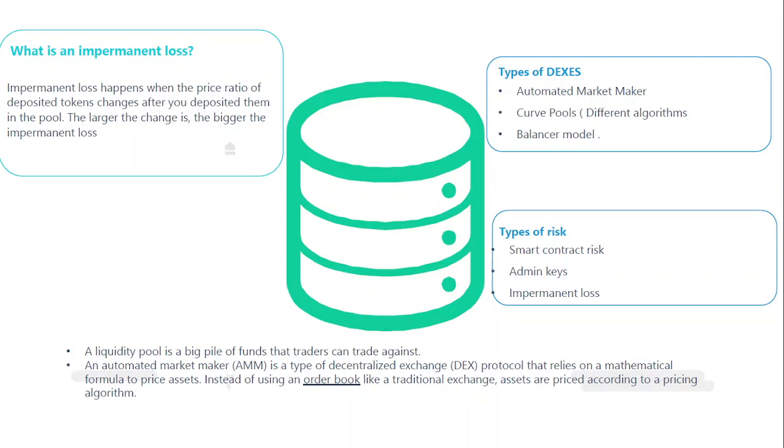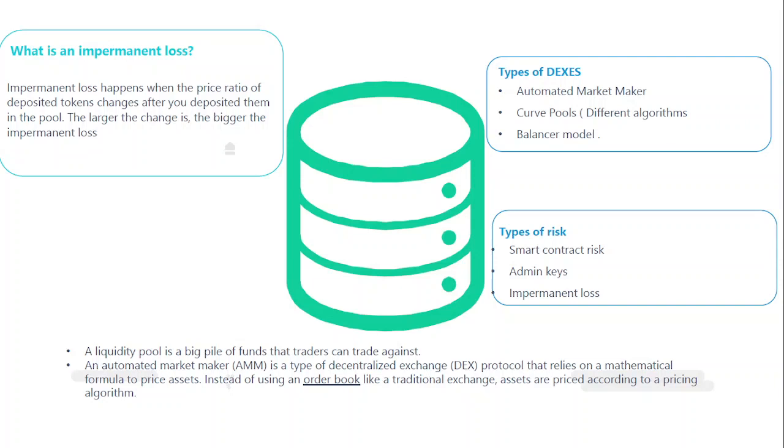The third model is Balancer, which uses more than two assets in a liquidity pool, which obviously reduces the chances of impermanent loss.